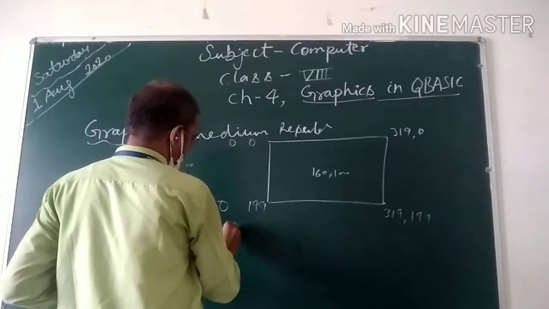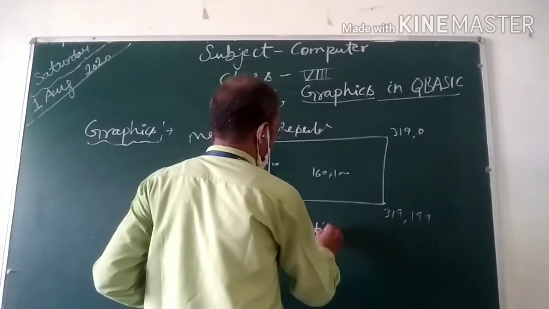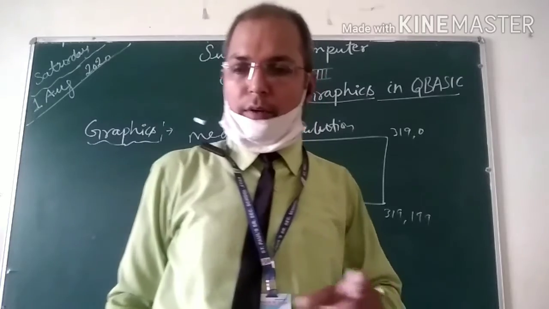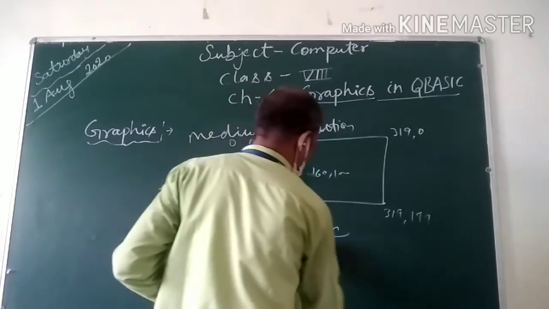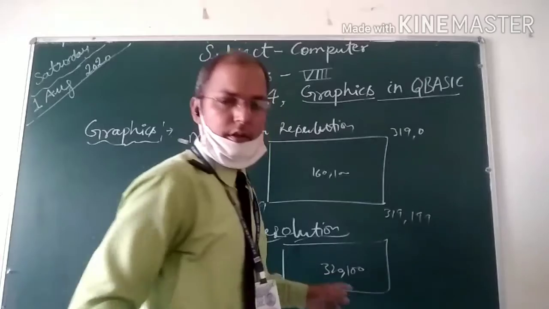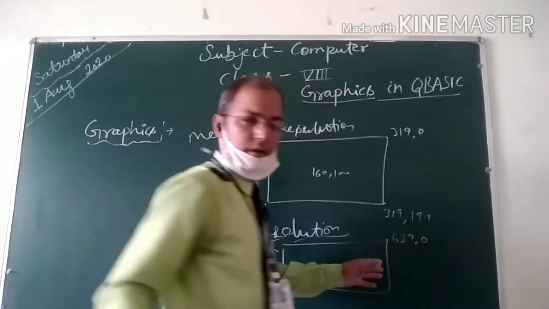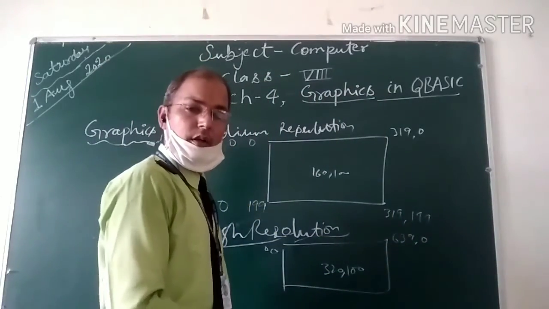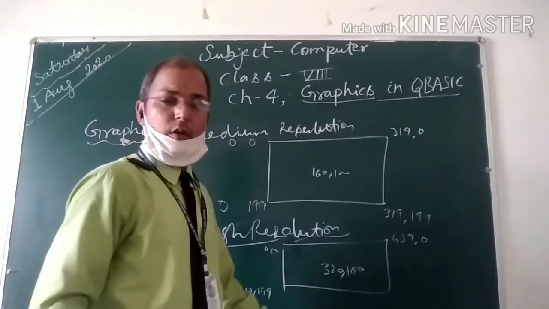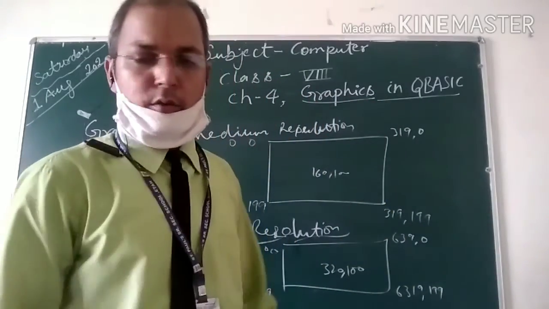Next, high resolution. In the high resolution, the upper left is 0,0, the upper right is 639,0, the lower left is 0,199, and the lower right is 639,199.